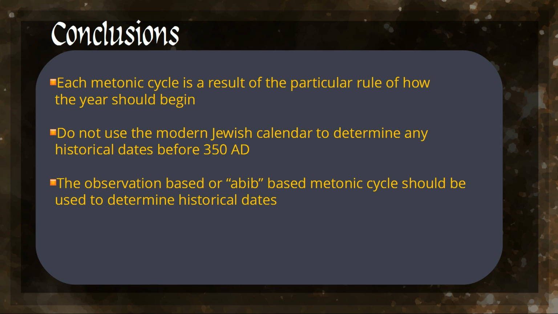It fulfills the requirements laid out in the Jewish scriptures and matches all the historical evidence of how the calendar operated during that period. This Metonic cycle should be used in determining accurate historical dates during this period.